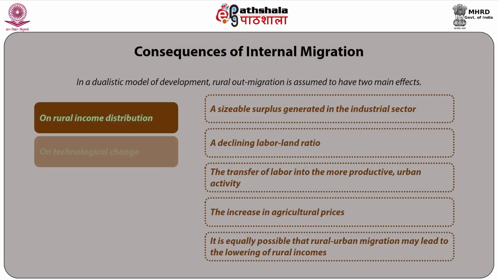On the contrary, it is equally possible that rural-urban migration may lead to the lowering of rural incomes. This is largely because, as several studies have shown, most of the rural-urban migrants are generally young, aged between 18 to 35 years, and relatively better educated.